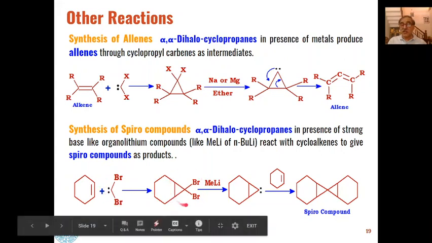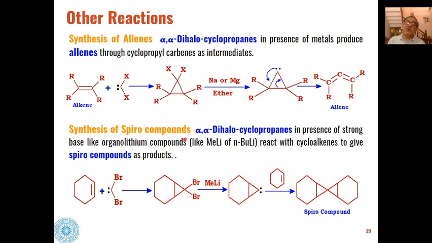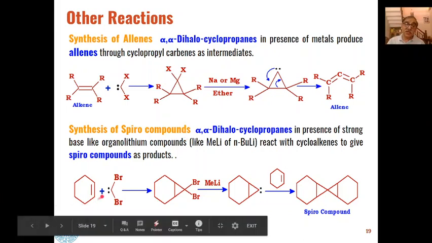And when these are reacted with a strong base like methyl lithium, then these types of carbenes are generated, and these carbenes add to the carbon-carbon double bond to give us these types of spiro compounds. So these spiro compounds can be formed from the reaction of dihalocarbenes with the alkenes. So basically these in presence of a strong base will lead to the formation of spiro compounds.